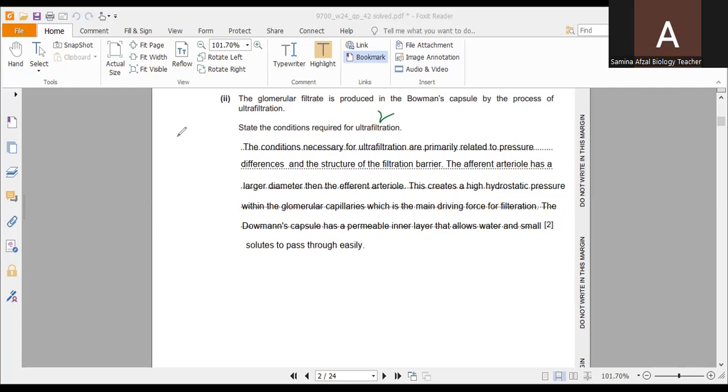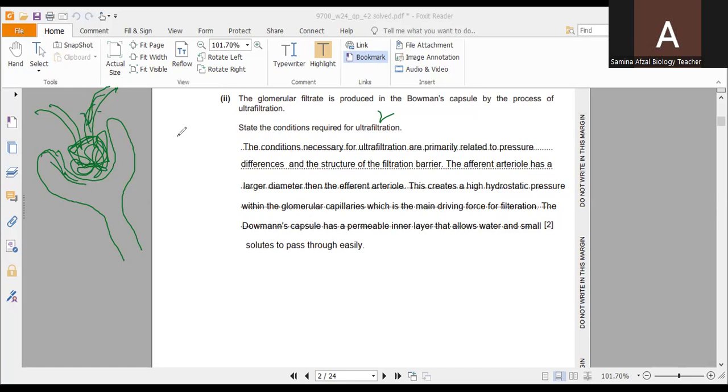What is ultrafiltration? I already told you that in the Bowman capsule, you can see a tuft of capillaries, which is the glomerulus, which acts as a filter. When blood enters, the cup-shaped Bowman capsule receives the filtrate after this fine filtration, or ultrafiltration.